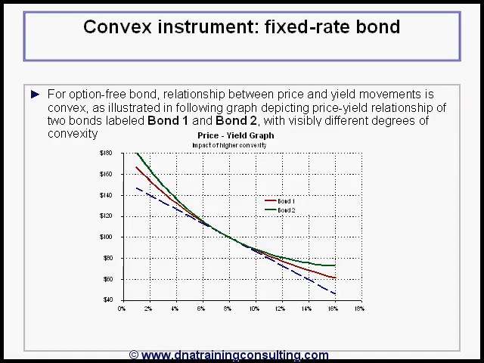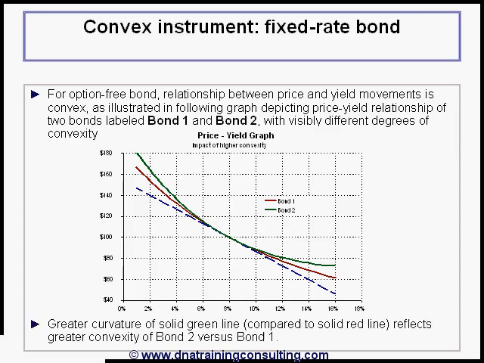The greater curvature of the solid green line compared to the solid red line reflects the greater convexity of Bond 2 versus Bond 1.